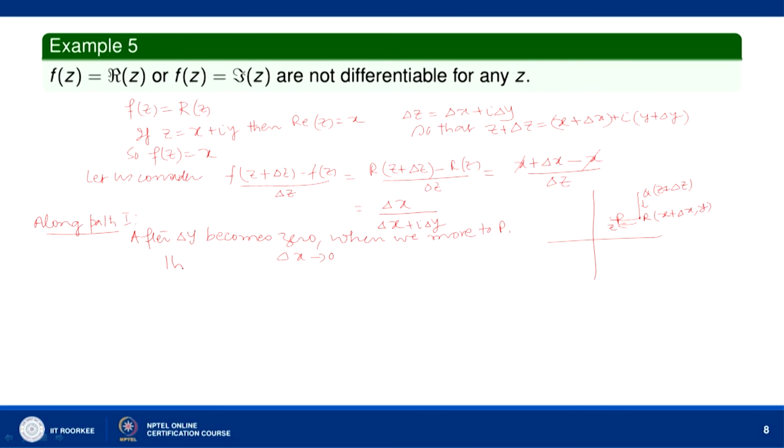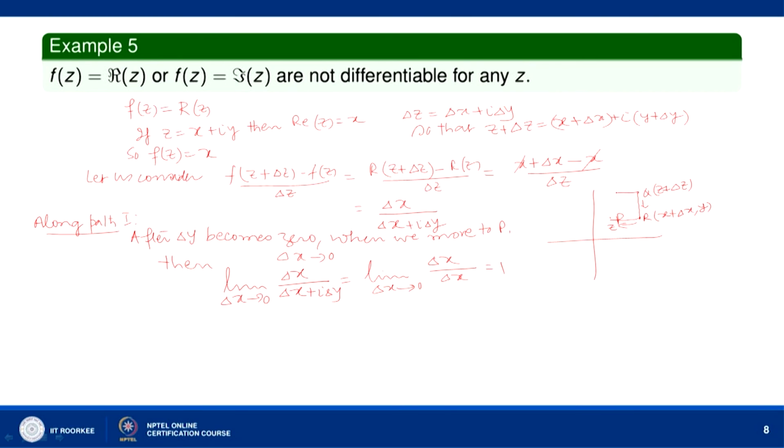So, then limit of delta x divided by delta x plus i delta y as delta x goes to 0 will be equal to limit delta x tends to 0, delta x divided by delta x, which is equal to 1.